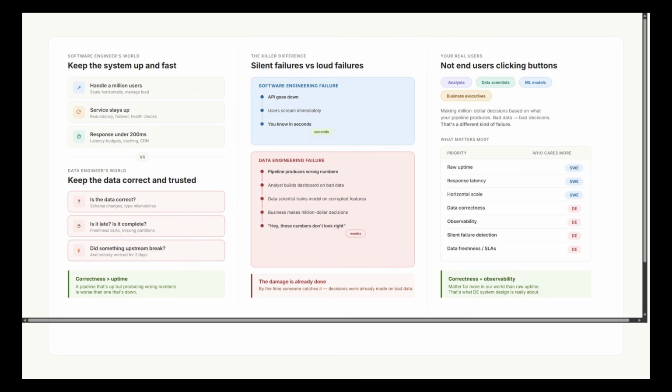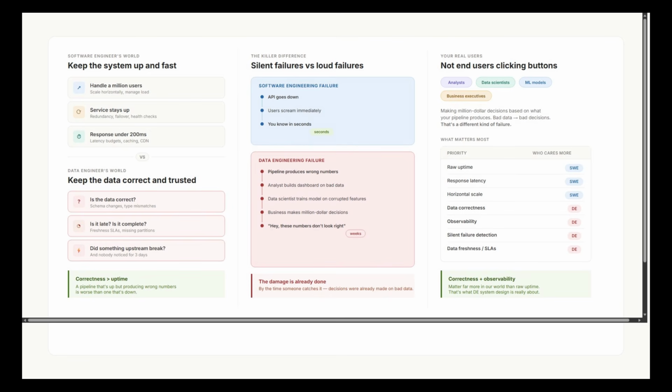You know about it in seconds, but in data engineering, a pipeline can produce subtly wrong numbers for weeks before anyone catches it. An analyst builds a dashboard on bad data. A data scientist trains a model on corrupted features. Decisions get made. And by the time someone says, hey, these numbers don't look right, the damage is already done.